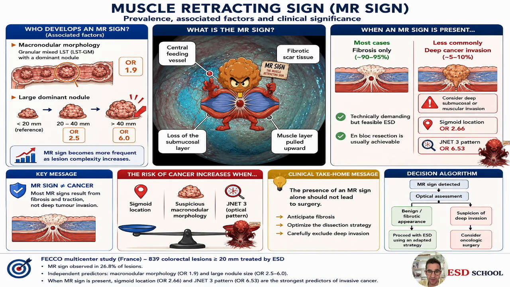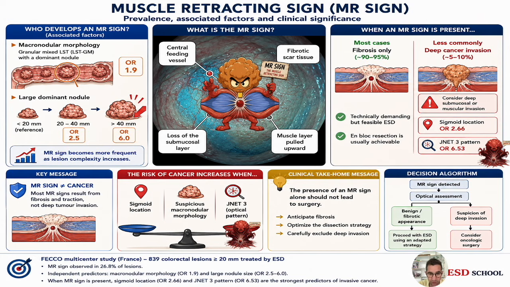This muscle retracting sign was studied by the French group coordinated by Jérémy Jacques in Limoges. We saw in our database that in 840 colorectal lesions of more than 20 millimeters, this muscular retracting sign was seen in 27% of the cases.